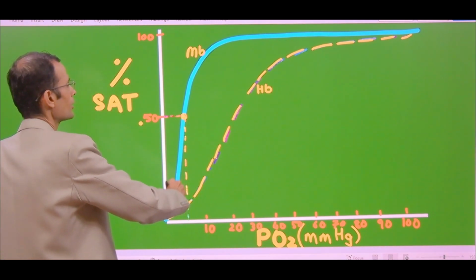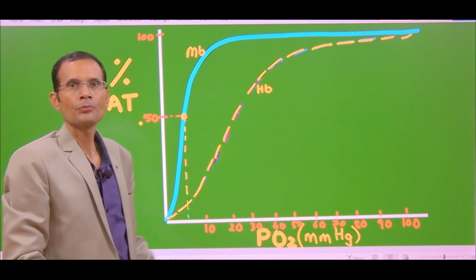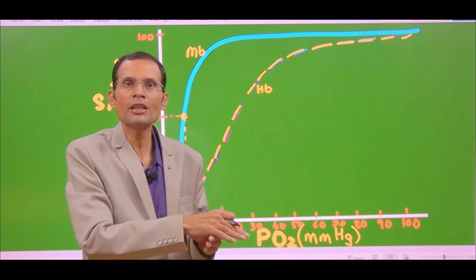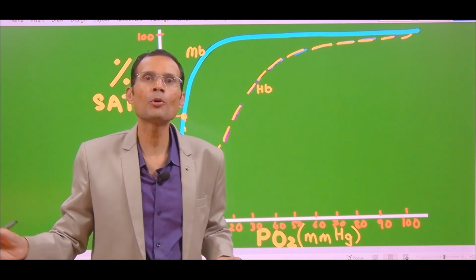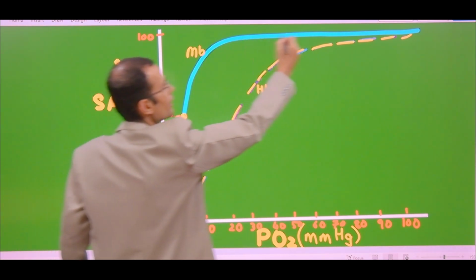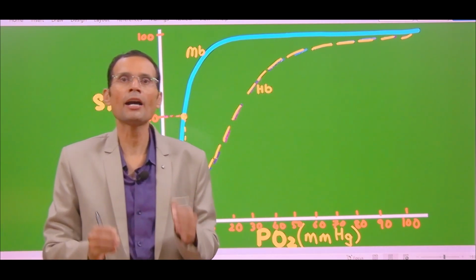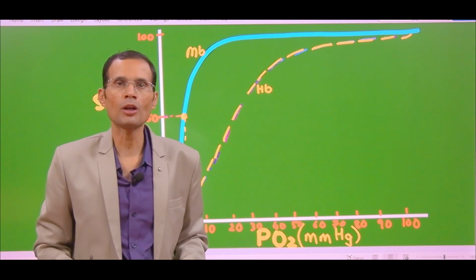So the steeply rising part of the curve tells us that 1 oxygen molecule each has been taken up by the myoglobin molecules, and then 100% saturation is maintained there. This is the reason why it's a rectangular hyperbola.